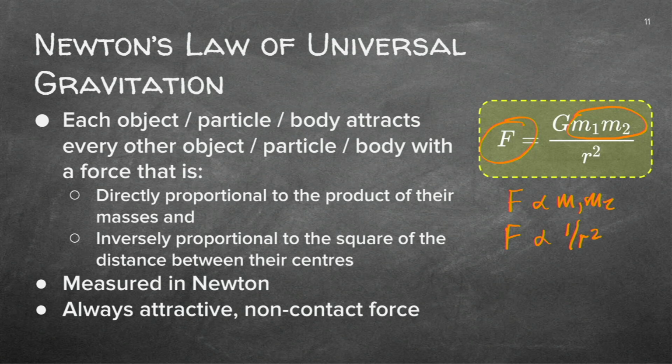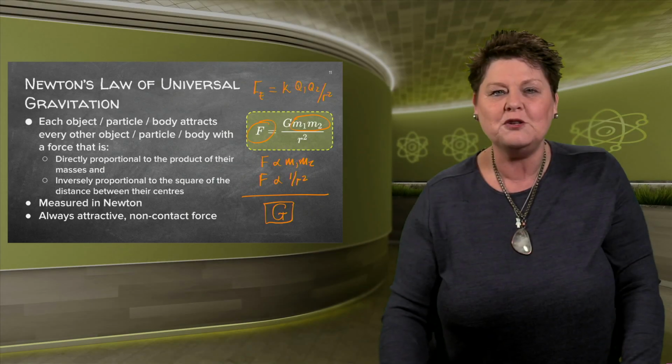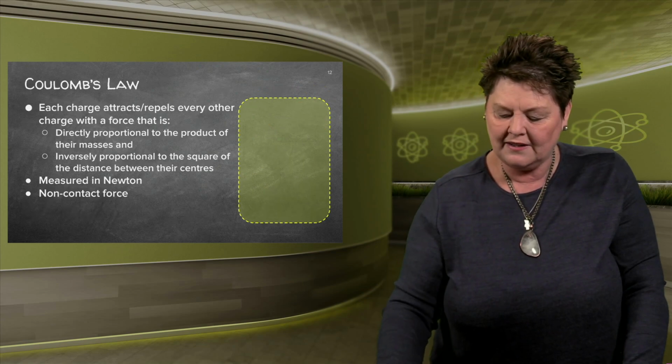And the constant that Newton used is the constant G. So can you see the resemblance when we now say the electric force is equal to k Q1 Q2 over r squared. And in matric, they'll ask you questions where you've got to use both these equations, and you'll be able to do it. I'm sure it's not that difficult.